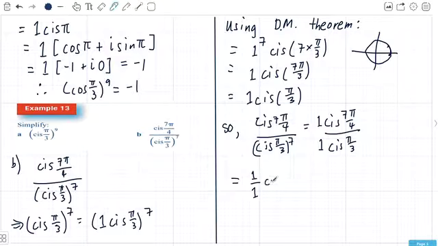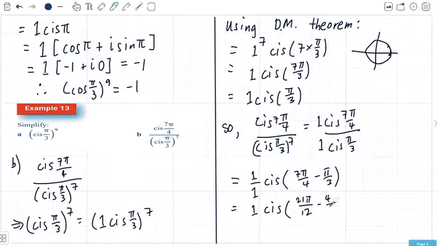It's 1 over 1, cis the top angle minus the bottom angle. So we've got 7 pi on 4 minus pi on 3. We know it's 1 over 12: 7 3s are 21 on 12 minus 4 on 12, which is 17 pi on 12.